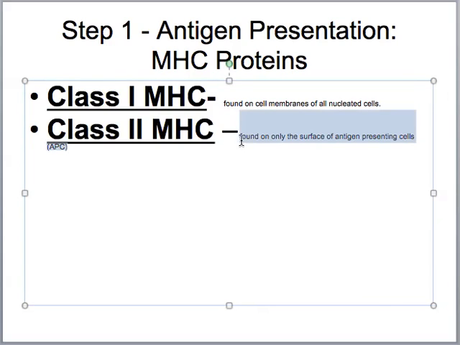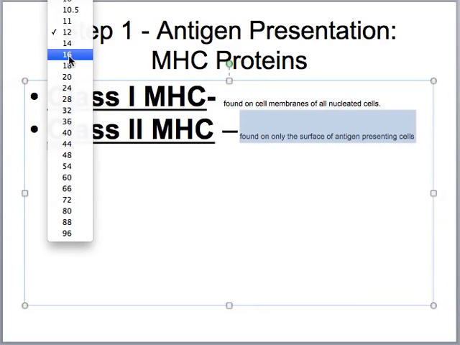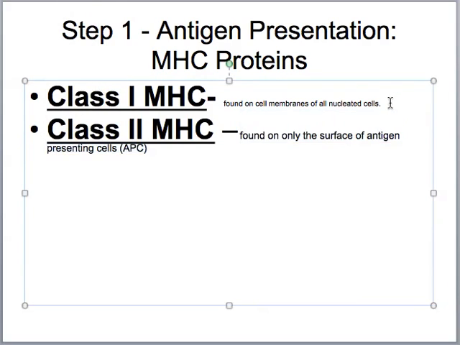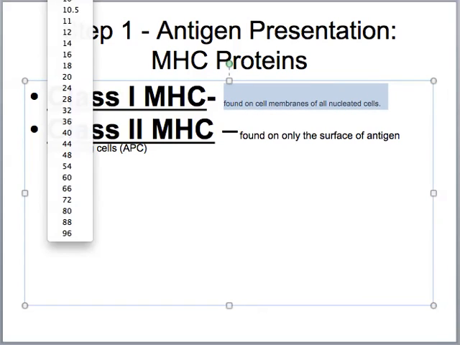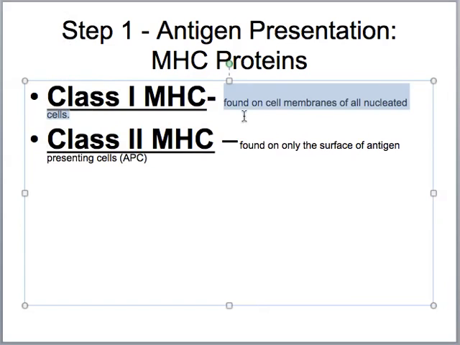And I should make these a little bigger, which I will just do for you right quick. And you can read your lecture notes to get a little bit more information about these class 1 MHC. And please, I do recommend you read your textbook on these as well. But you've got to remember that the class 1 MHCs are found on all nucleated cells.